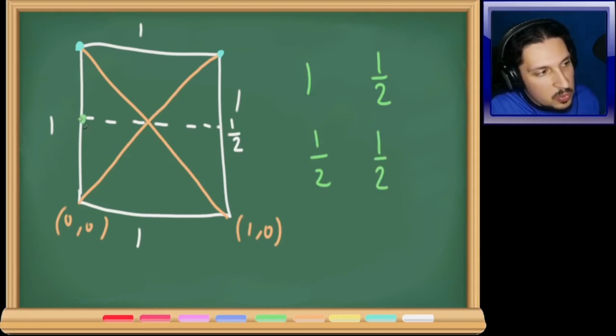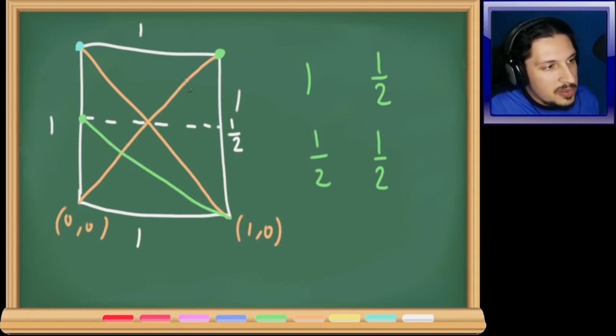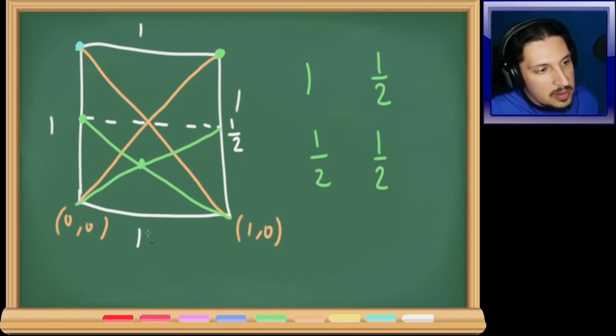If you choose 1/2 on one side and 1 on this side, for example, then this one is joined to the opposite base corner, let's say, corner at the bottom. And this one is joined to the opposite corner, which is already drawn like this. So this is the point where they meet, and this will be the new height that we produce. While if I choose 1/2 and 1/2, then this is the one I would trace, and this is the new height that I would produce.